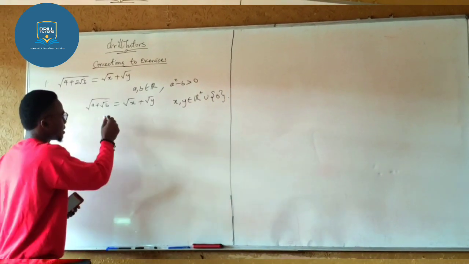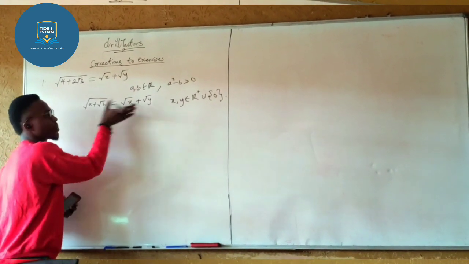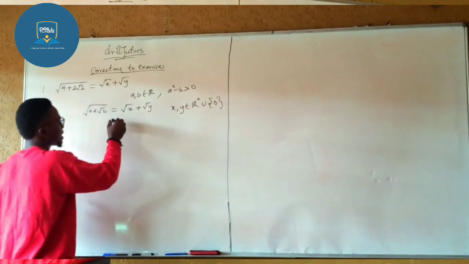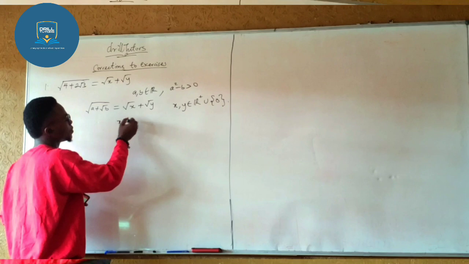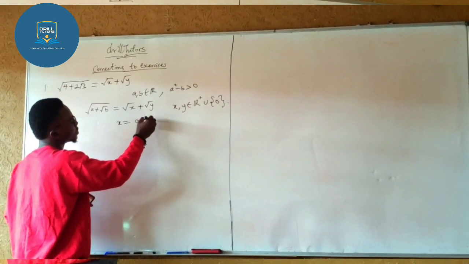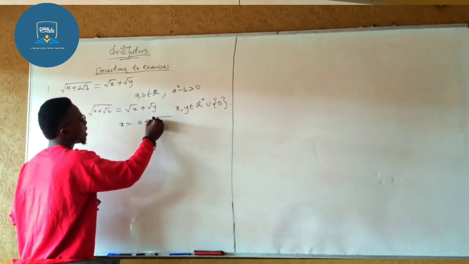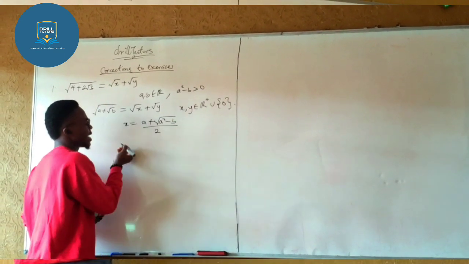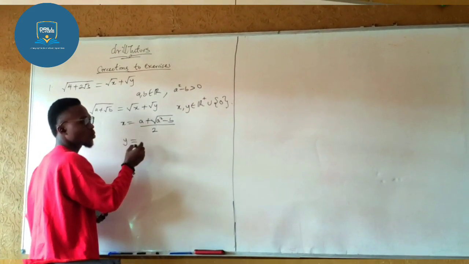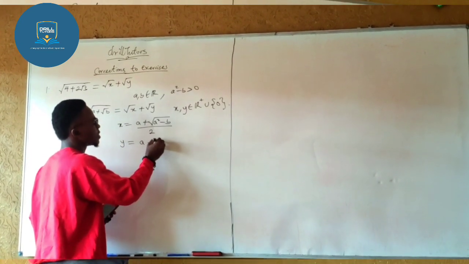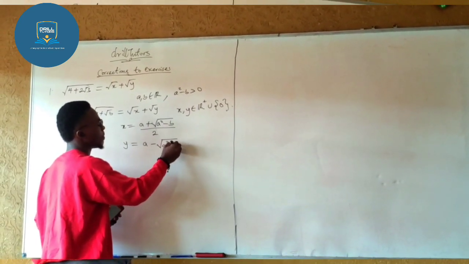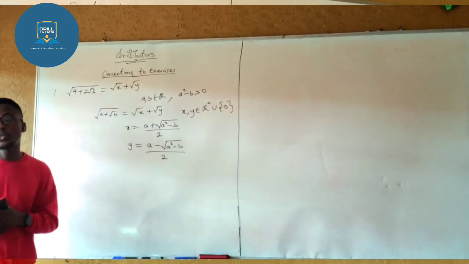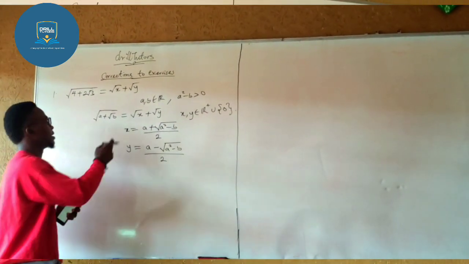And we said that on comparison, when you square both sides and solve for x and y, you will get that x is equal to a plus the square root of a squared minus b all over 2. And you also find out that y is equal to a minus the square root of a squared minus b all over 2. So these are the solutions for x and y.